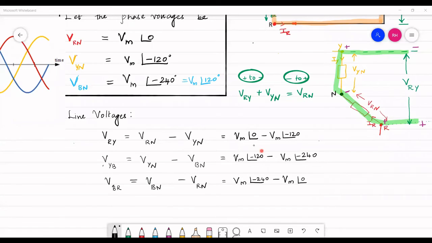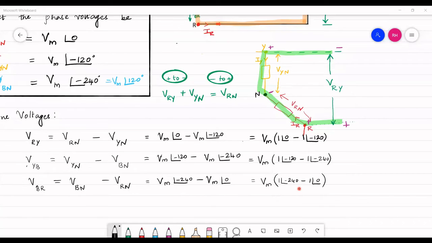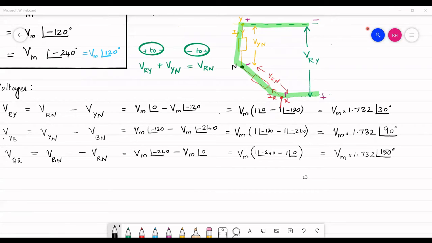In all these three cases, Vm is common in both terms, and hence let's pull the common term outside and reduce the expression. Now use your calculator to simplify these numericals. Solving, we get VRY equal to Vm into 1.732 with an angle of 30 degrees.